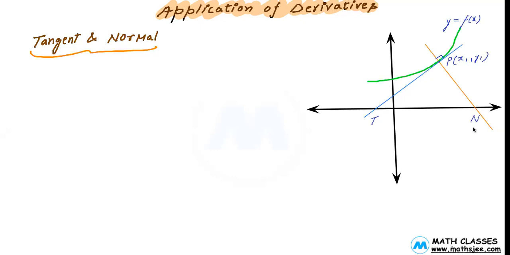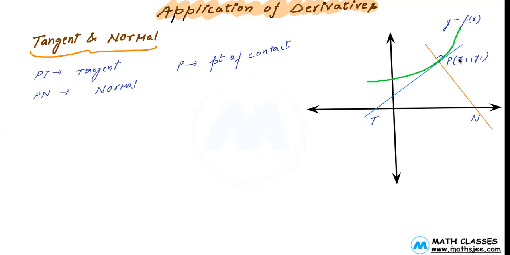Let us say this is PN. So PT is the tangent and PN is the normal. We talk about tangent and normal at a point, so this point P is known as the point of contact. The tangent is drawn at the point P and the normal is drawn at the point P.